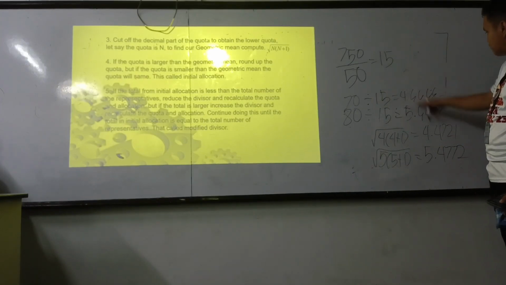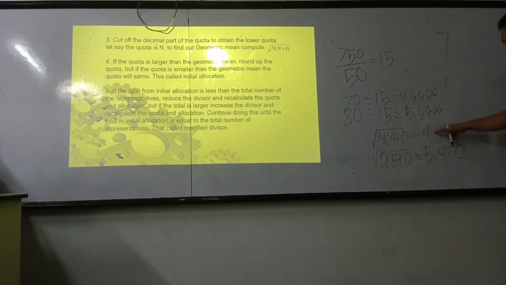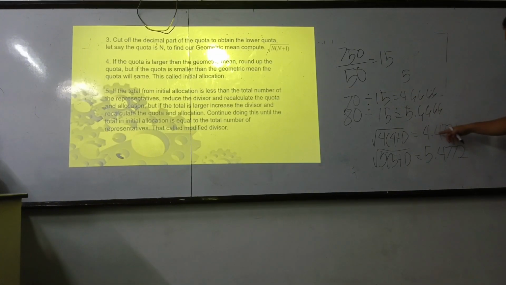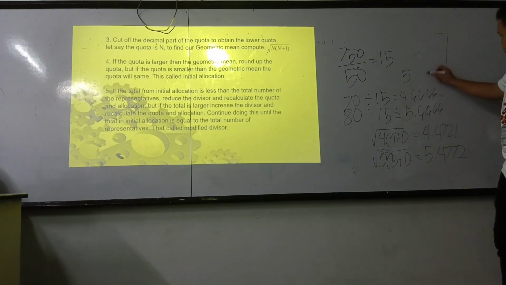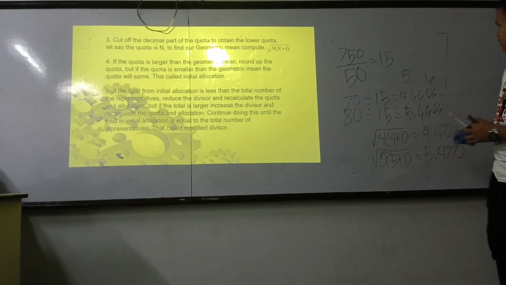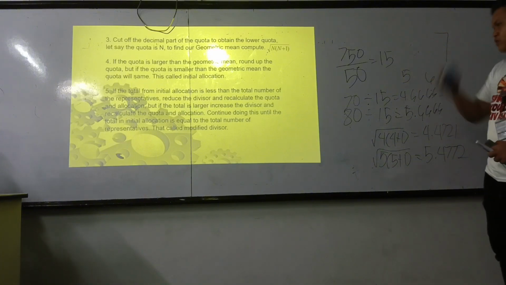Our quota is 4.666, so we say 5, because the quota is larger than the geometric mean. Here also the quota is larger than the geometric mean, so 6, because if the quota is larger than the geometric mean, round up the quota. So these two are the initial allocation.